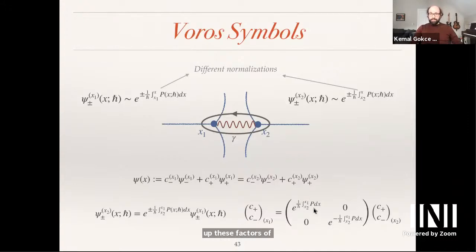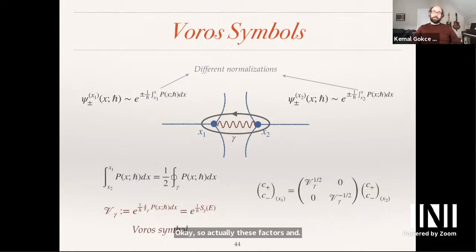Okay, so actually these factors have a very nice interpretation. They are integrals between these two turning points, right? So it is the integral of my action. It is the action identified with an integral between these two turning points, and this is one of my cycles, right?